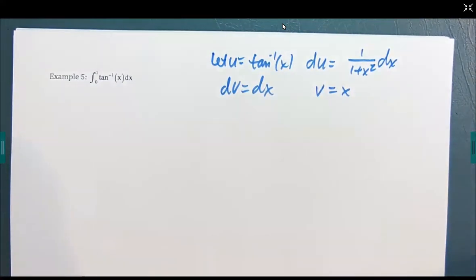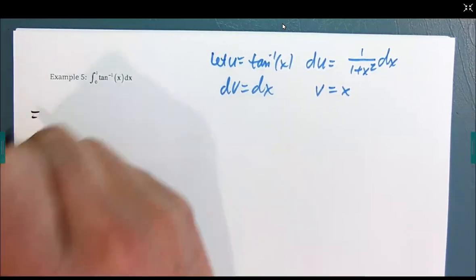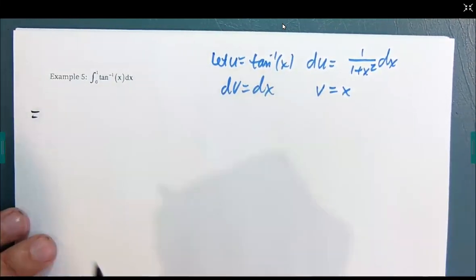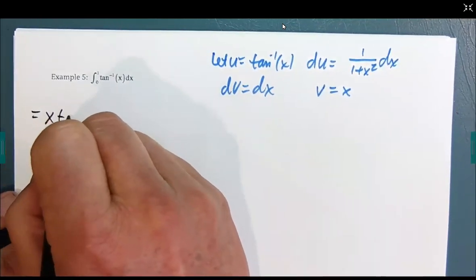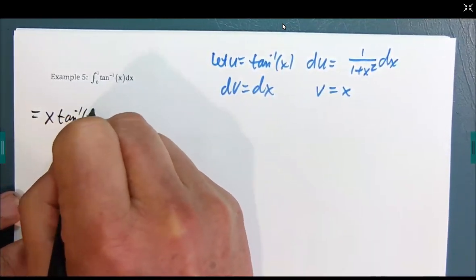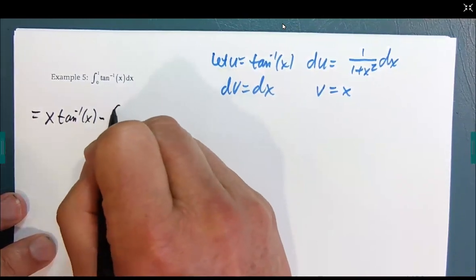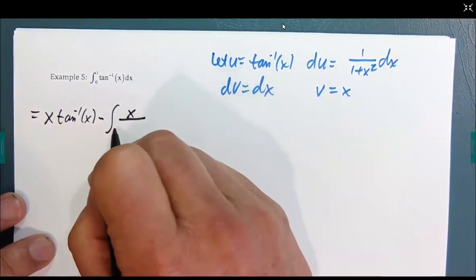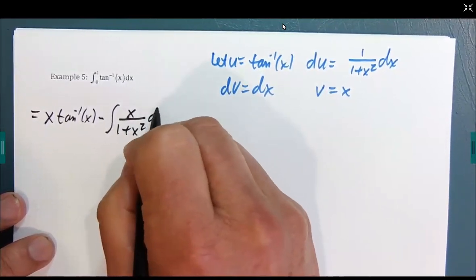Okay, so let's take our problem here and rewrite it as u times v minus the integral of v du. This is going to be x over 1 plus x squared dx.